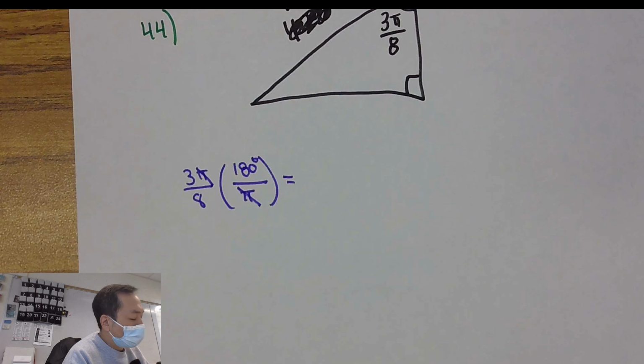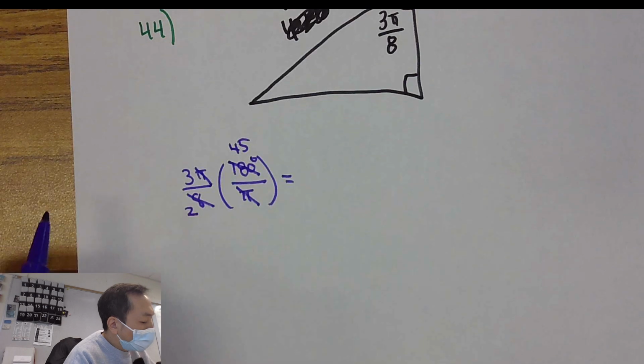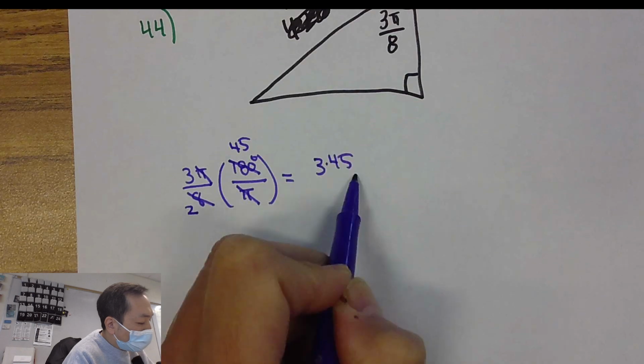All right. So if we do this math, the 180 and the 8 cancel out by 4. 180 divided by 4 is 45. 8 divided by 4 is 2. So this is 3 times 45 over 2.